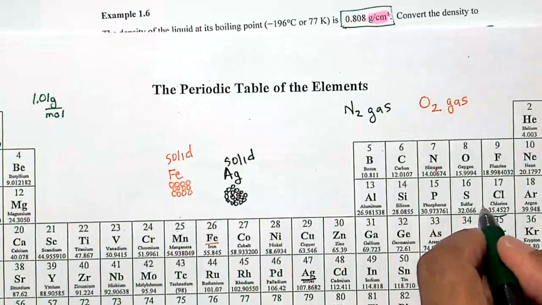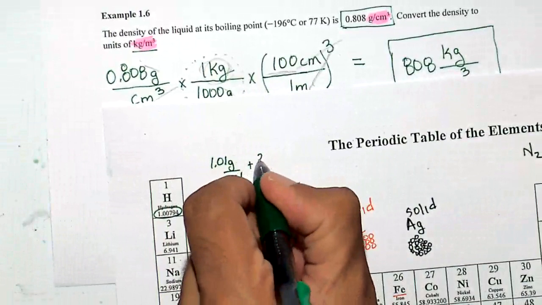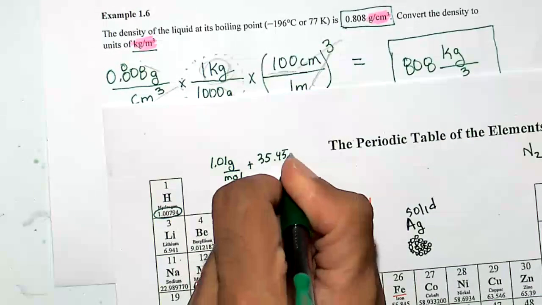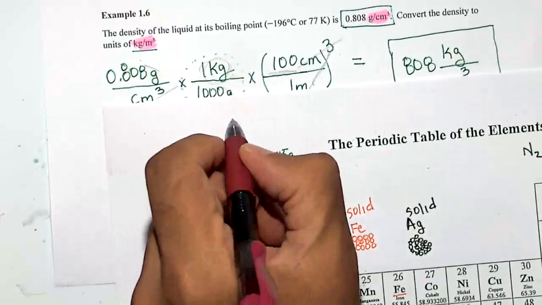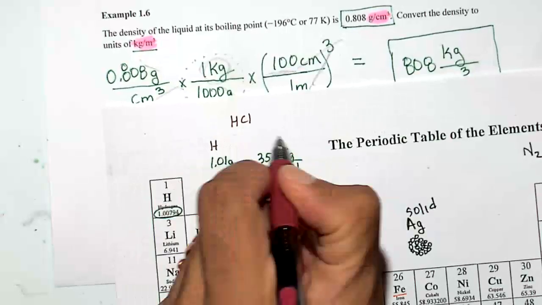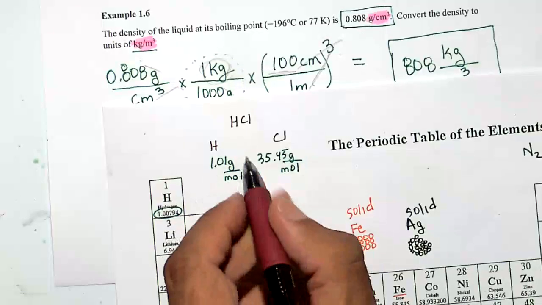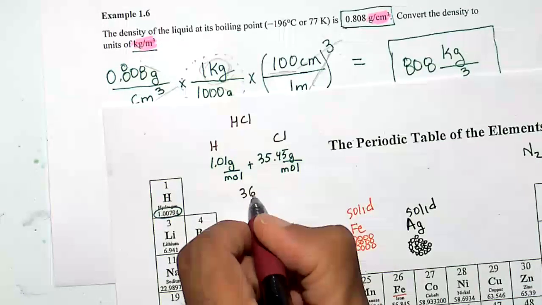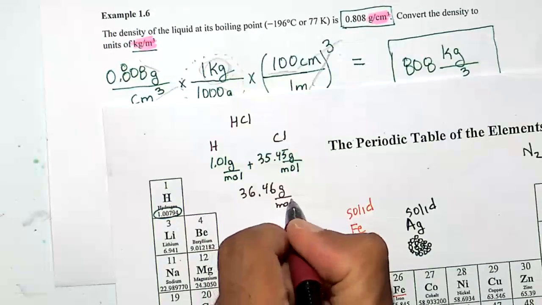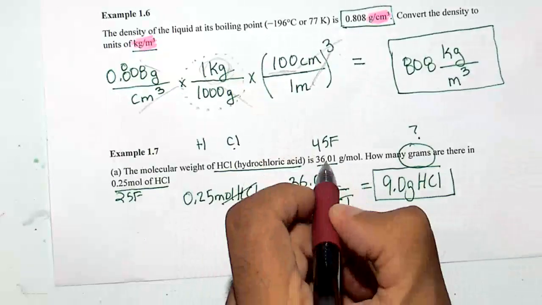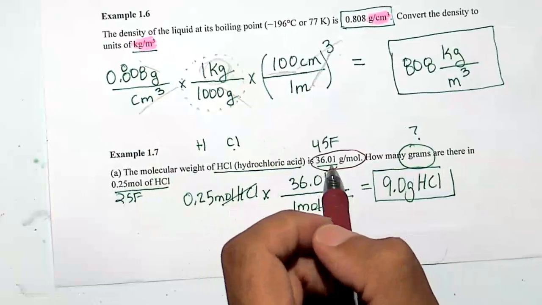You see this bottom number? 35.45 grams per mole. Okay, for HCl, which is composed of H and Cl, if I add that up, what do I get? And 36.01. Okay, so this is the molecular weight.